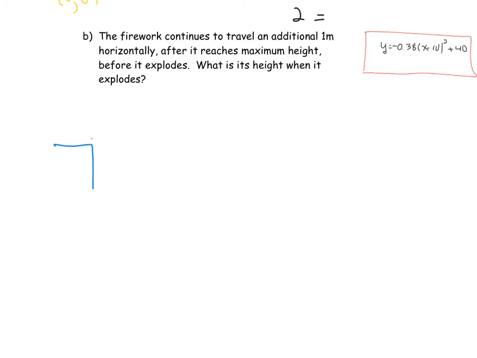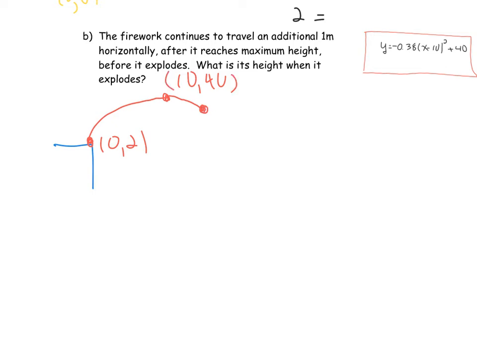So we'll remember that I started off here, I had a maximum value, and that value was at 10 and 40, so (10, 40). But it's going to keep going another meter, right? And so I have a coordinate for that.